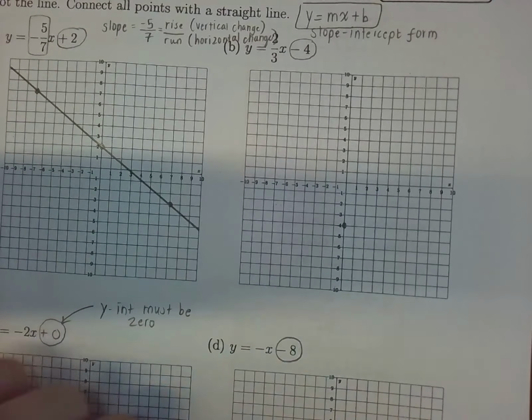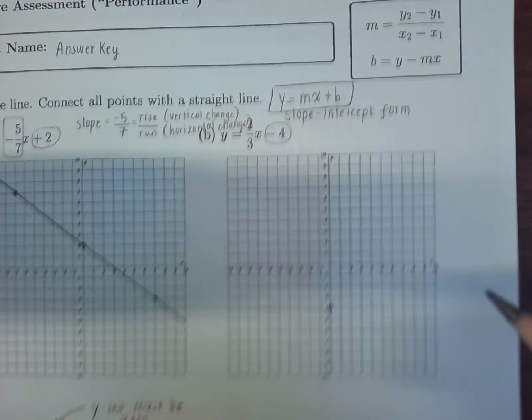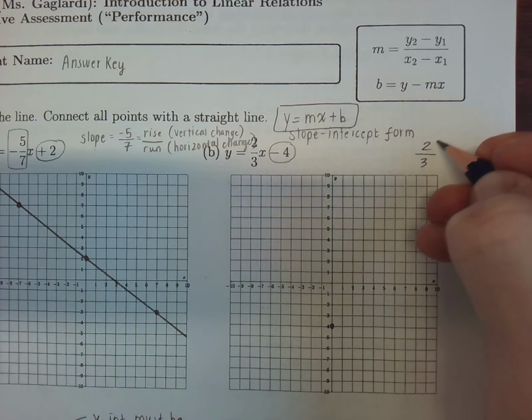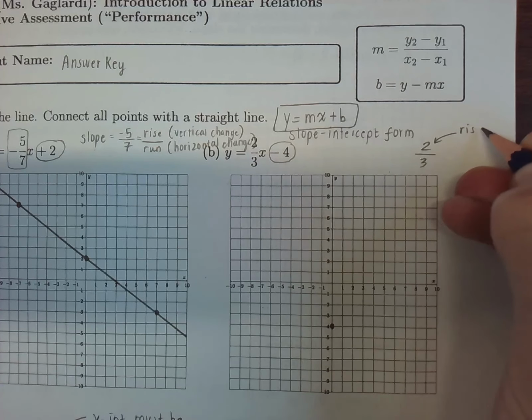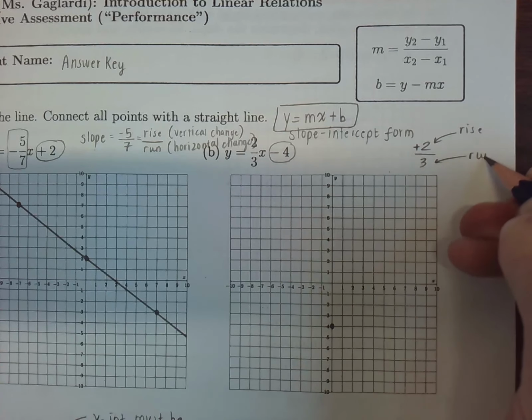Okay, oh, I kind of covered this up. The slope is 2/3 here. So a rise of 2, that would be +2 for every run of 3.